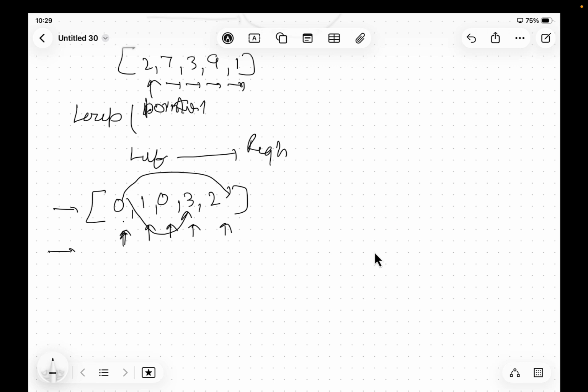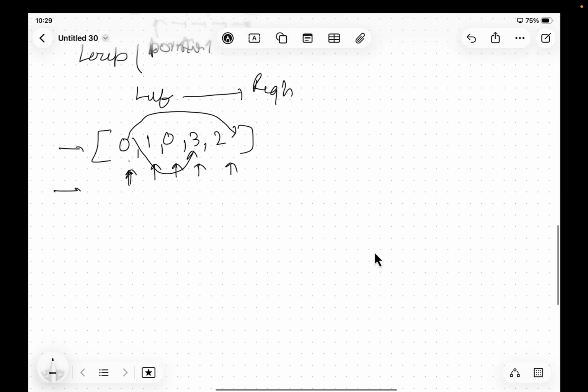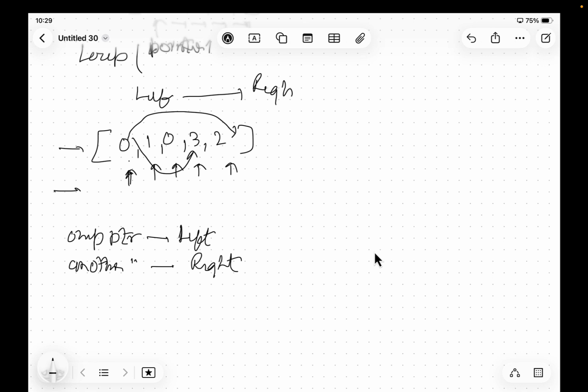To control the movement of the data properly, I need another pointer. That is called two pointers. So here I will introduce two pointers. Suppose I write ptr, let's call one pointer left, and another pointer right.